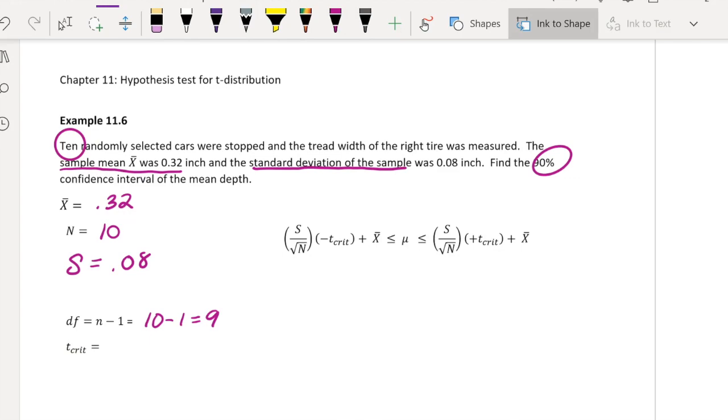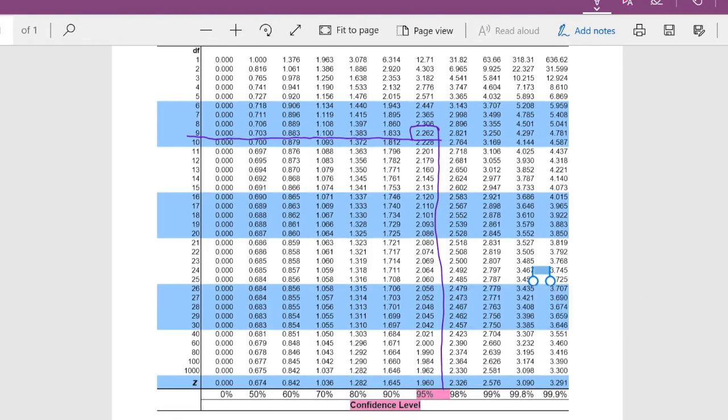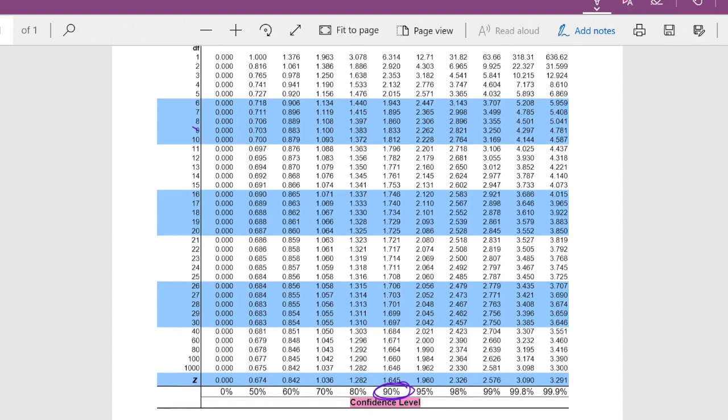For that, I need my table. Again, remember we're going to use the bottom of the table. So now I need to look at the 90% column and 9 degrees of freedom.